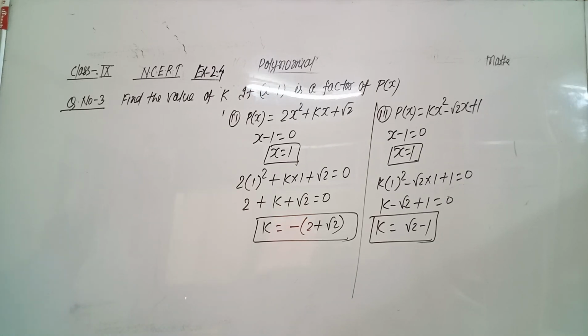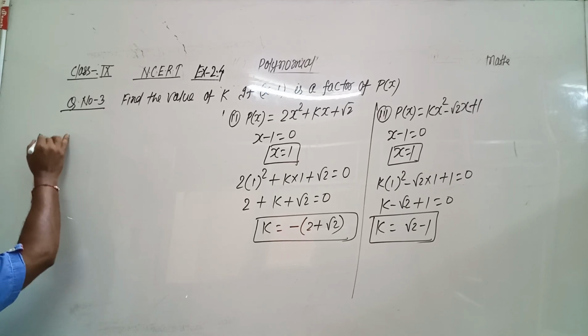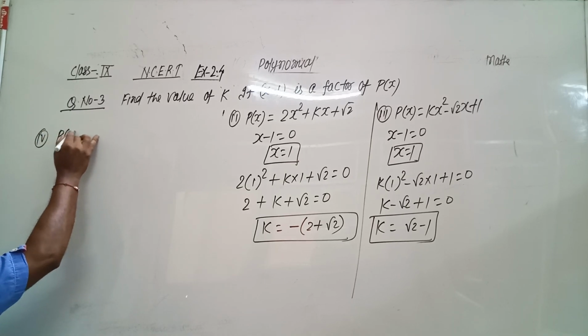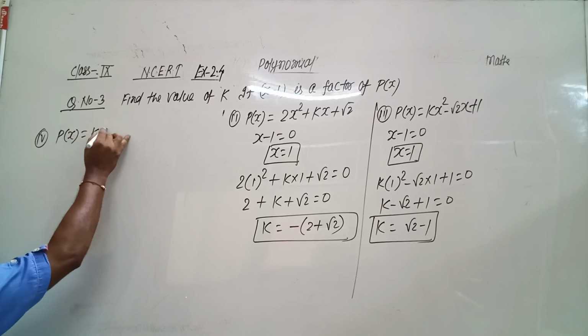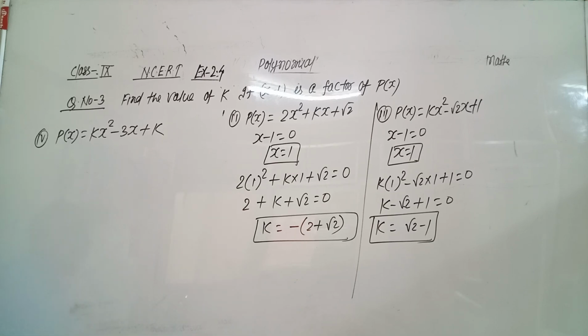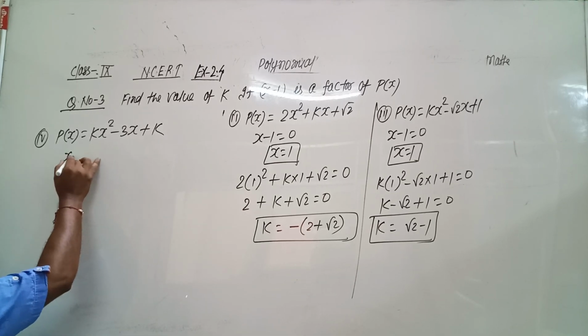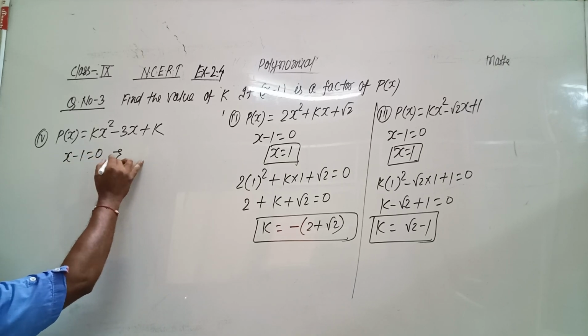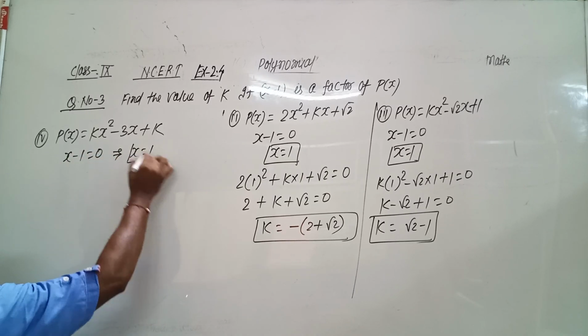And the fourth part is p(x) equals to kx square minus 3x plus k. So make x minus 1 equals to 0. Find the value of x equals to 1.